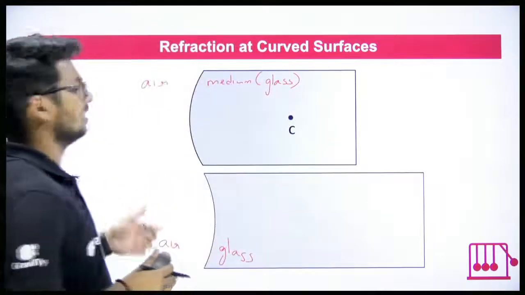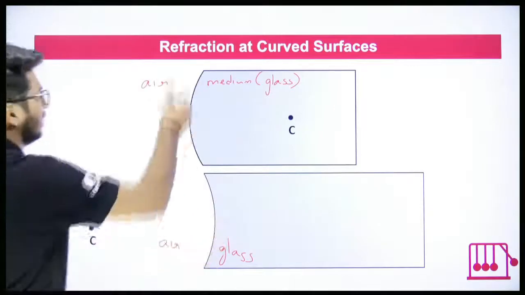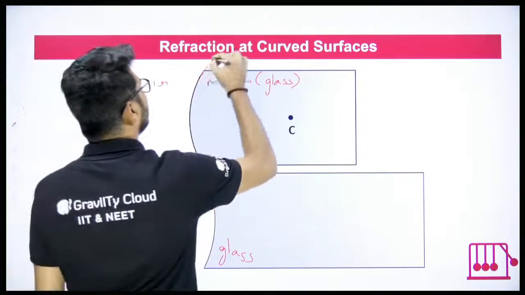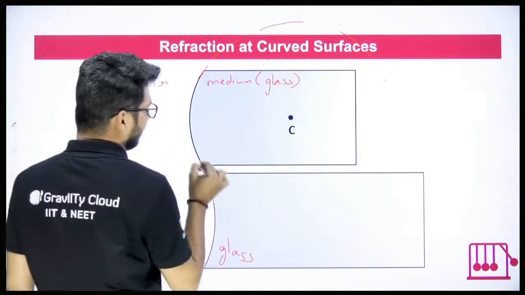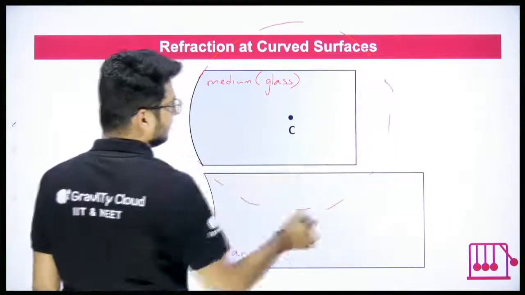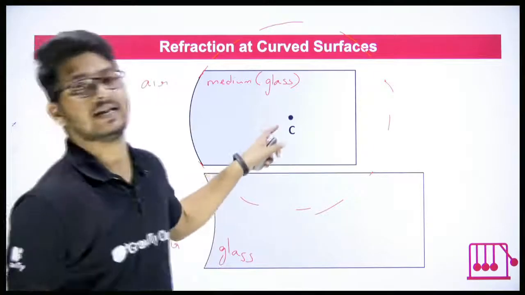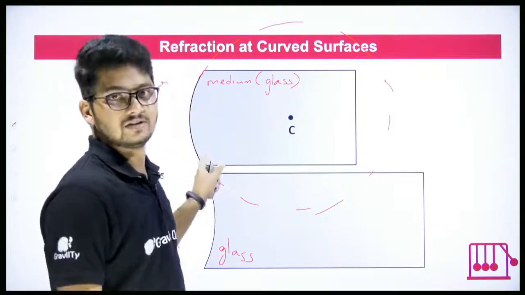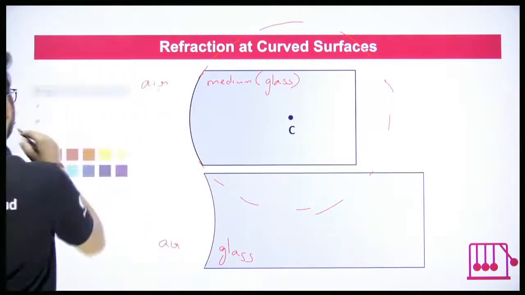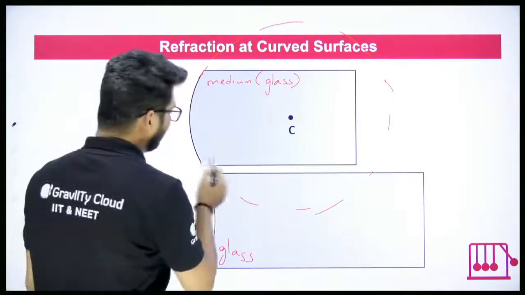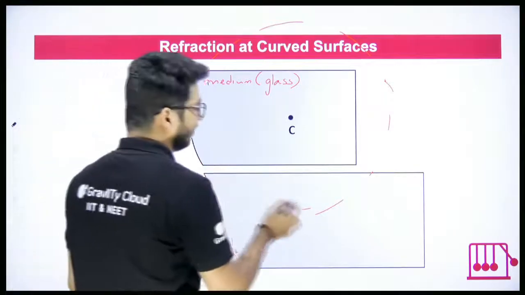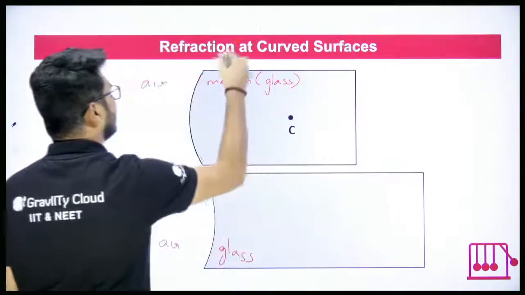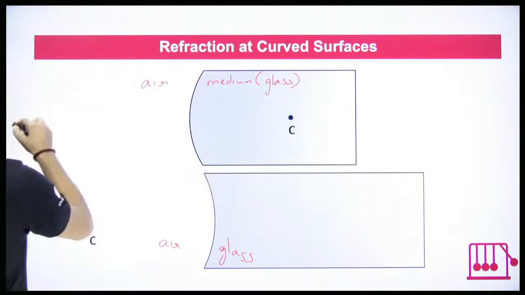Okay. So here, two spherical surfaces. Here you have a part of a spherical surface, and if I complete it, I will get a sphere. It will have a center, and that center is the center of curvature of this surface. So if you have a spherical curved surface, you can complete it and get a sphere, and that sphere will have a center.